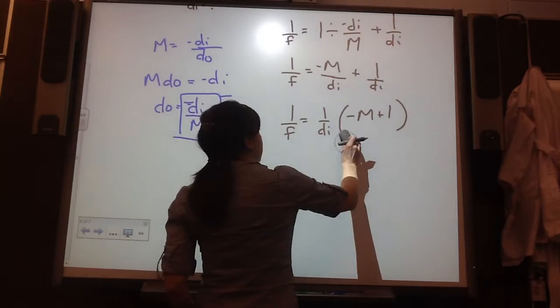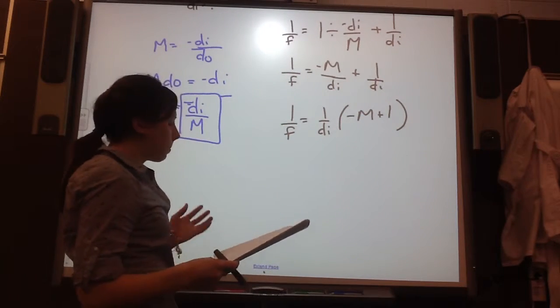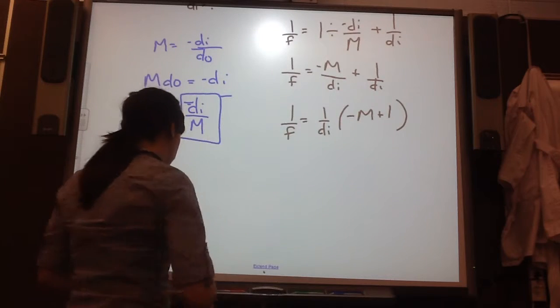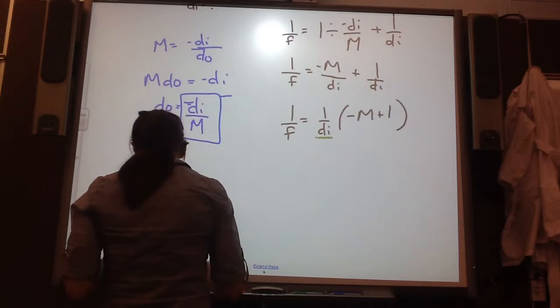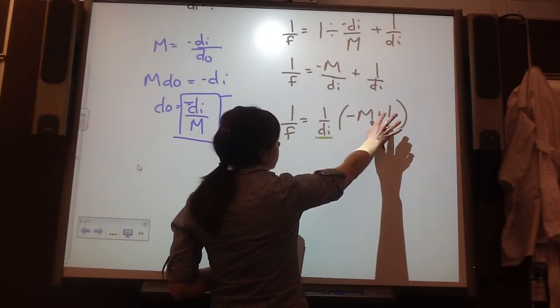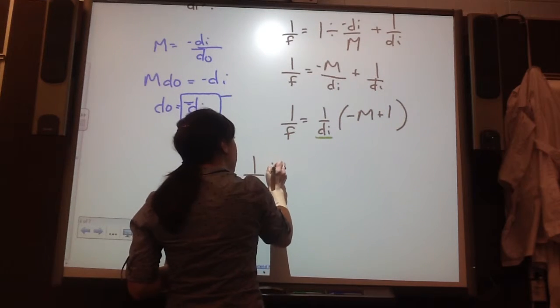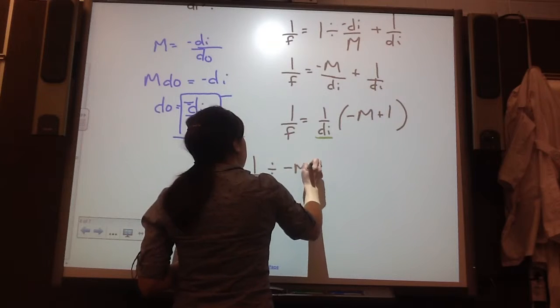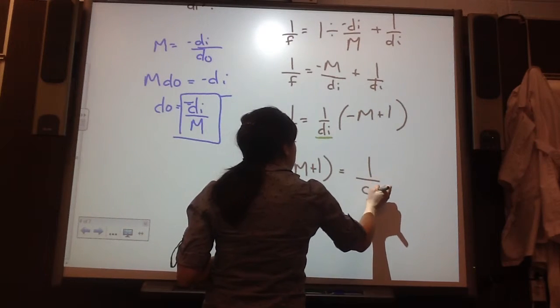Now that I've done that, I'm going to rearrange to solve for my di because that's my unknown. Since this is multiplied by everything in this bracket, I'm going to divide. So I have 1 over f divided by negative m plus 1 is equal to 1 over di.